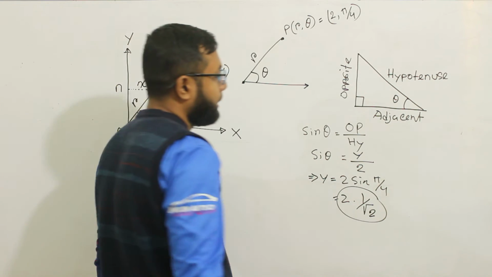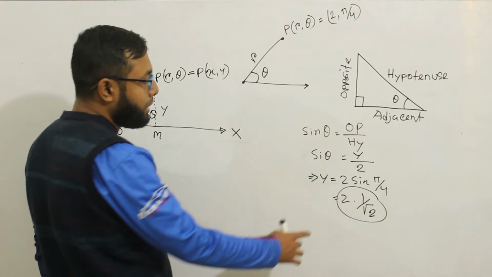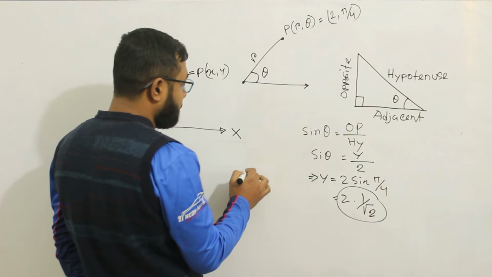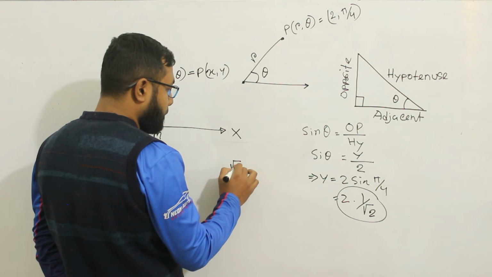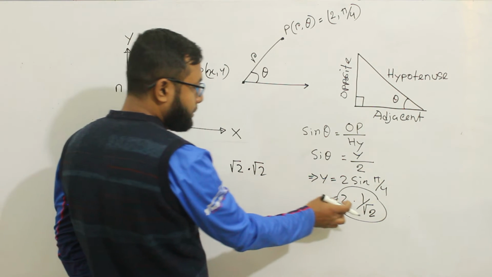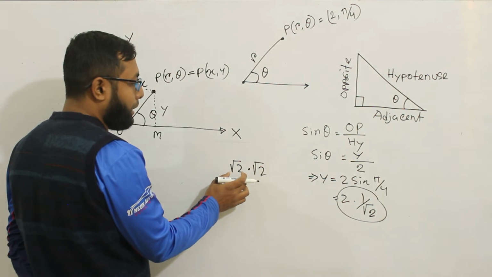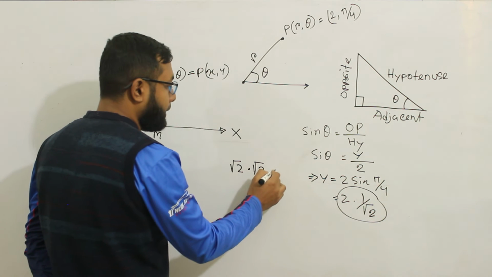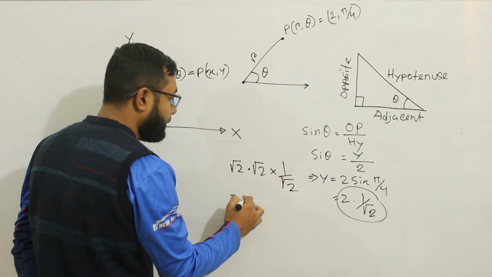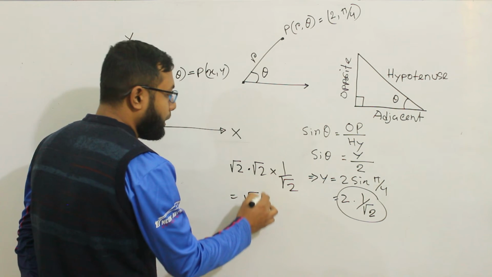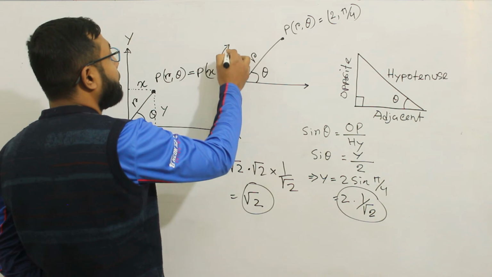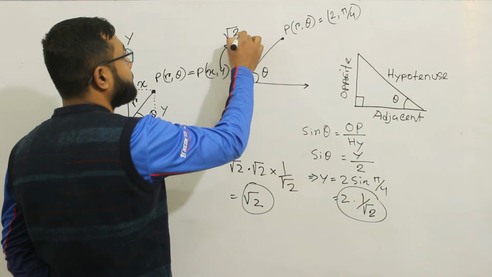So 2 into 1 by root 2: 2 is the product of root 2 and root 2, and then multiplied by 1 by root 2, so the value will be root 2. That's the value of y, so we can place the value of y as root 2.